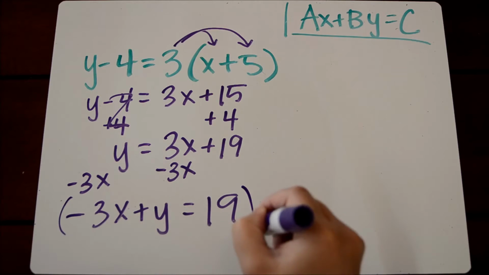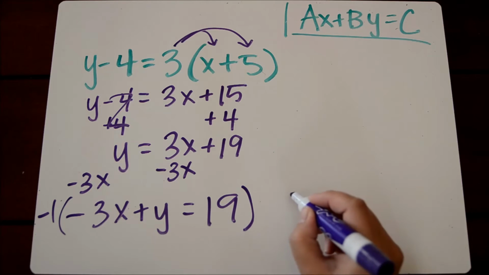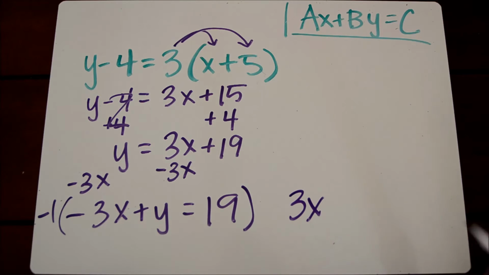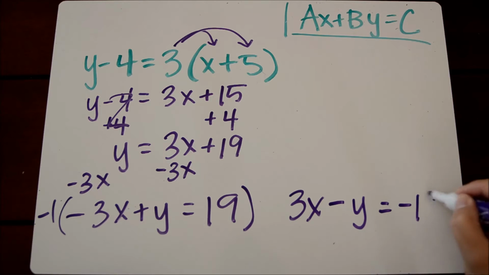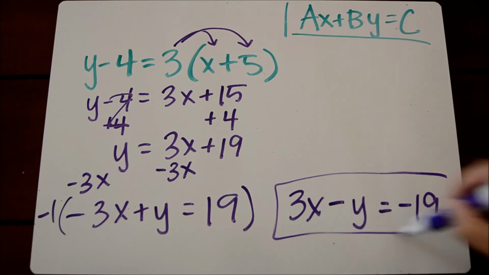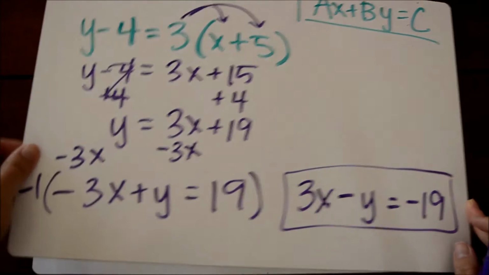So to undo that, we're going to simply multiply by a -1. And that's going to change the signs in our equation. However, it will not change the values. So -1 times -3x is positive 3x, and then negative y and -19. That's our equation in standard form.